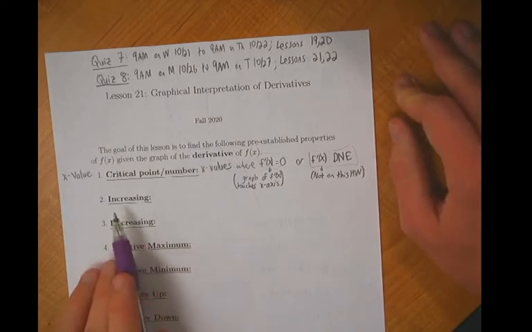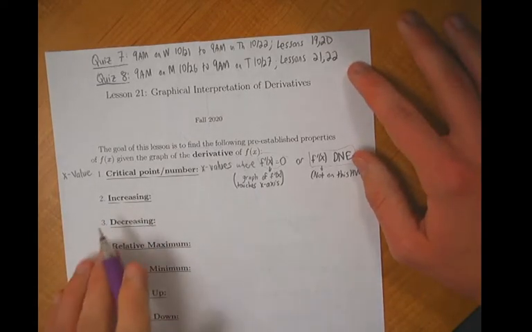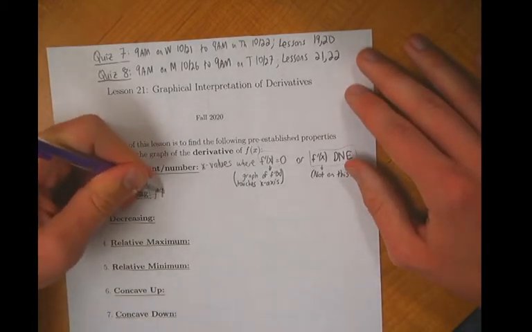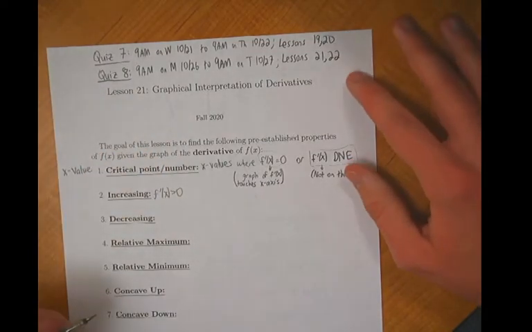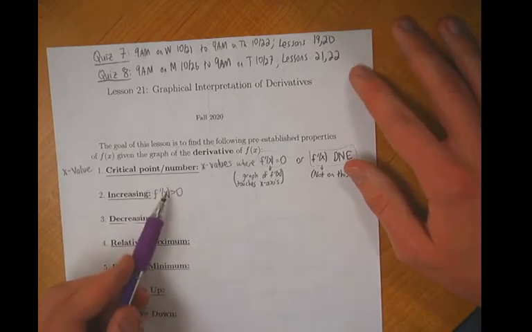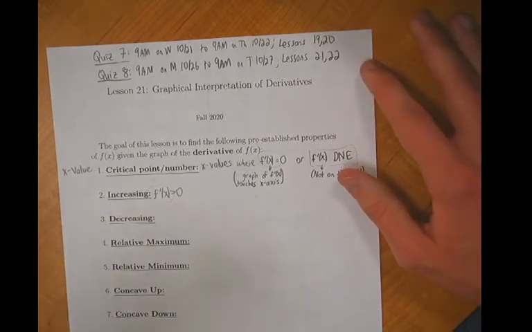Now moving on to the next thing, we have the idea of an increasing interval. If you recall, that's when f prime of x is greater than 0. So in the context of a graph of f prime, we have to focus on when the graph of f prime is positive, or in the context of a graph, when it's above the x-axis.